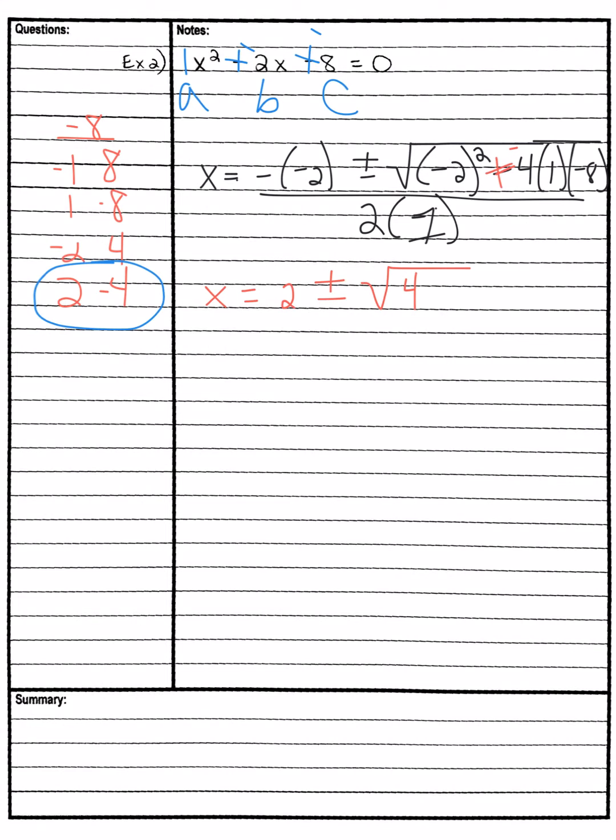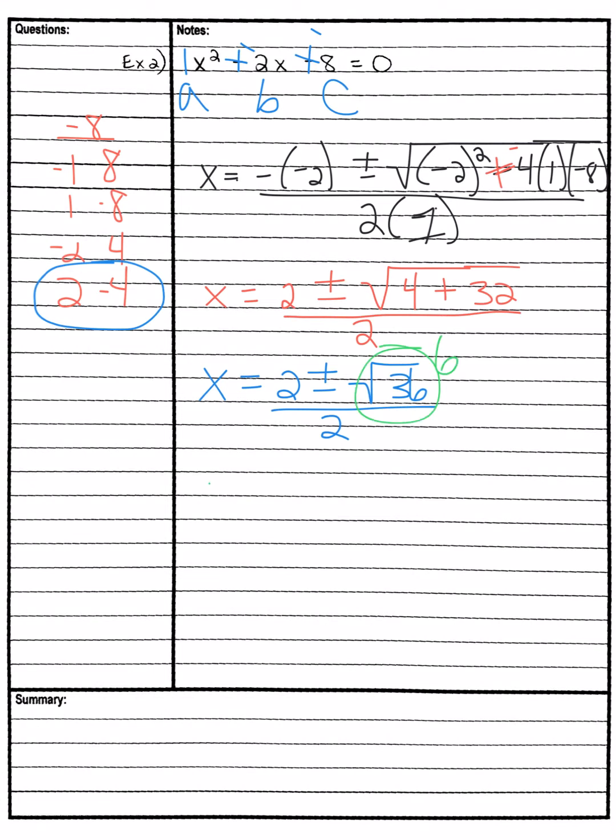So a negative 4 times 1 times negative 8 is going to be a plus 32, divided by my whole number 2. So as we continue to simplify, I'm going to have x equals 2 plus or minus the square root of 36 divided by 2. Well, we know that the square root of 36 is just 6.